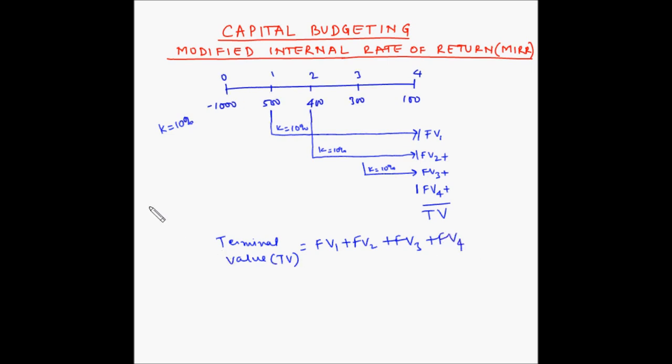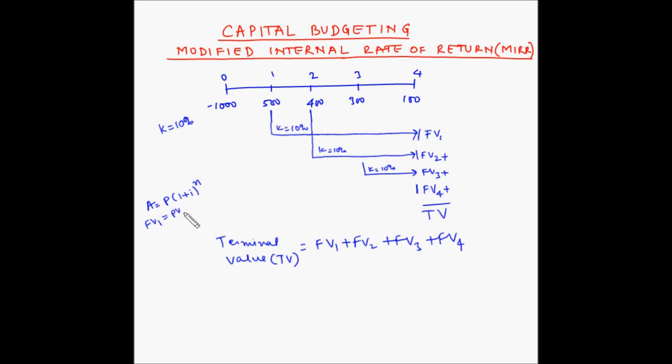Now we know that from the formula of compound interest, A is equal to P into (1 plus I) to the power n. A is the amount that we are going to get at the end of the tenure. P is the amount which has been deposited at the beginning of the tenure. N is the number of compounding periods, and I is the rate of interest per compounding period. So in this case, if we take each cash flow, A becomes the future value. So let's say FV1 is equal to P, the present value or the cash flow's value.